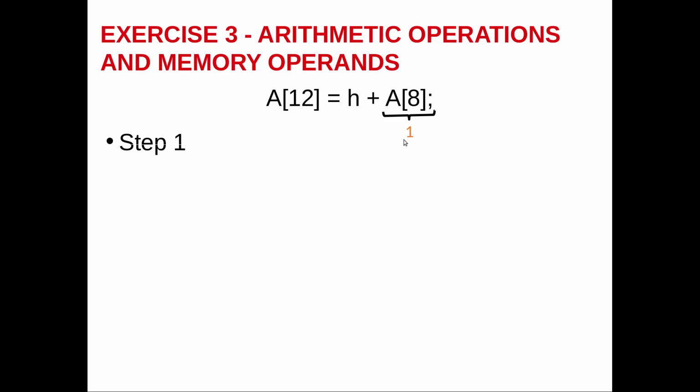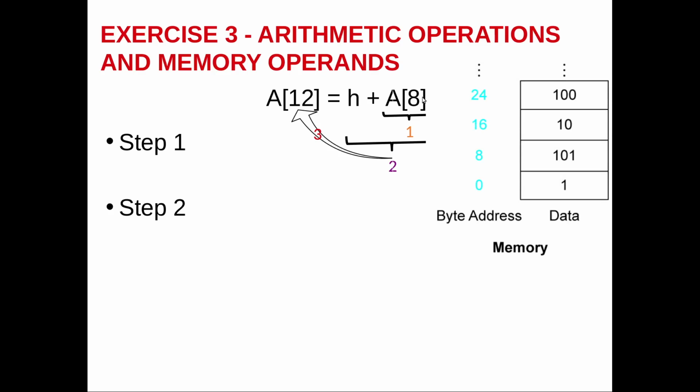At first we will need to load the 8th element of the A data from memory into a temporary register, and then at the second step we need to add this value together with H, which is stored in another register, and then at the third operation we will need to store this value back to the memory, and we will need to decide what the offset addresses of the 8th and the 12th elements in memory are.